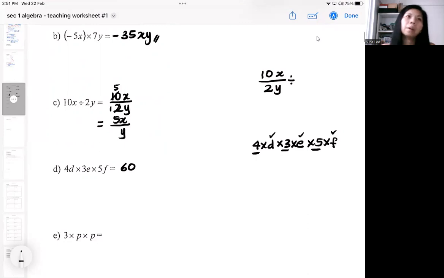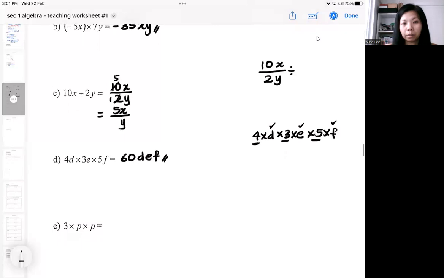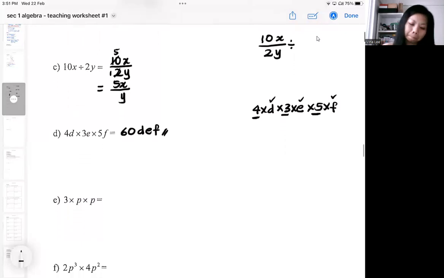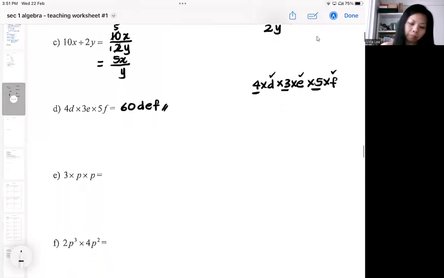We try to multiply in alphabetical order, so it'll be DEF. All this means multiplication. Okay, the next one, where you've got 3 times p times p. If you still remember, what is p times p? P times p is p squared. So this is just 3p squared, and you shouldn't need a bracket.